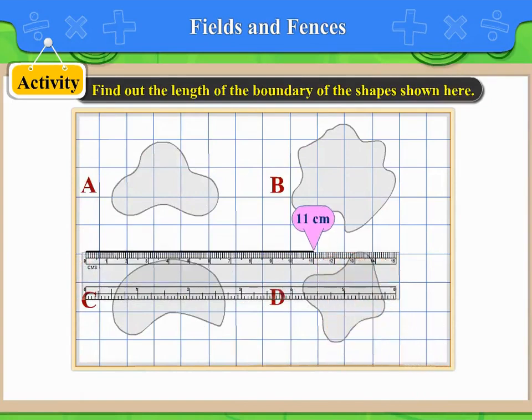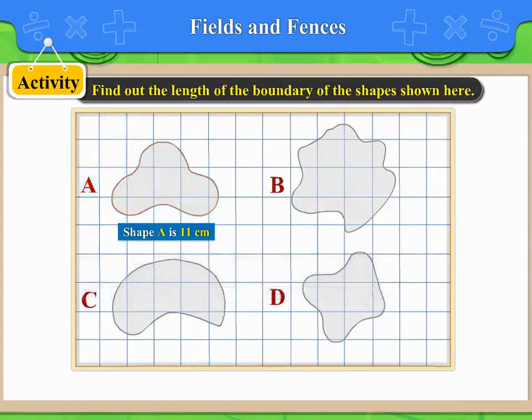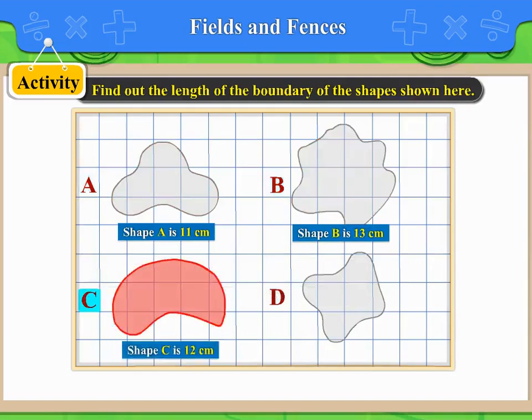It's 11 centimeter. So, the boundary of shape A is 11 centimeter. In the same manner, measure the boundary of shape B, which is found to be 13 centimeter. The boundary of shape C is 12 centimeter and the boundary of shape D is 10 centimeter.